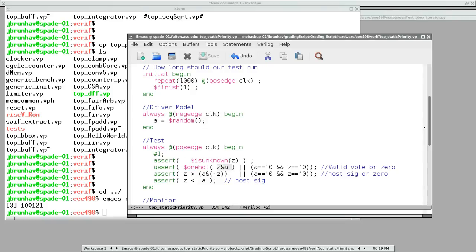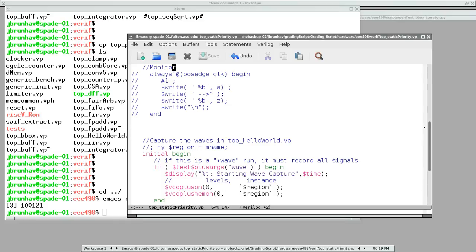So the combination, Z better have bid on something that exists. So Z and A would be that intersection. The winner better be a bid that existed, and there better only be one winner. And then these are checks to clean up some of the extra cases that occur, which are playing around with the math that happens due to the static priority.